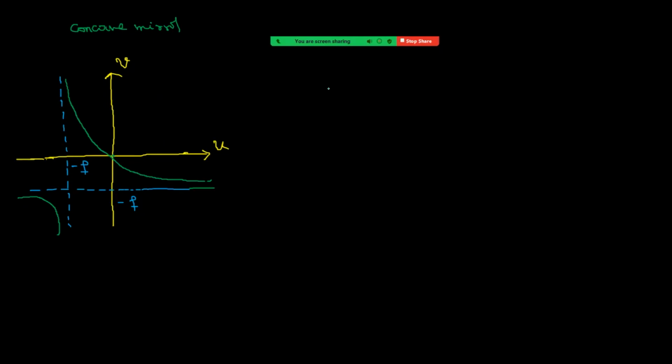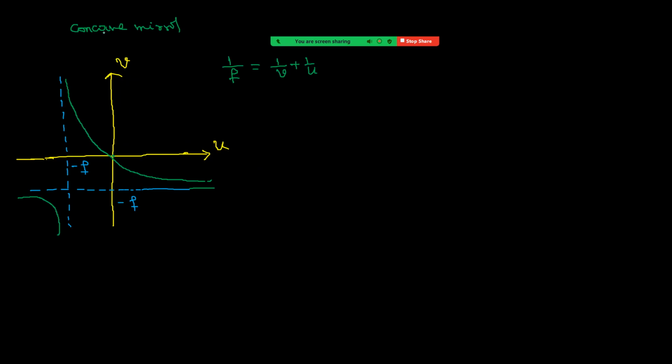Now see carefully. So we have the mirror equation 1 by F equal to 1 by V plus 1 by U, right? You can see in the first quadrant there is no graph. See the meaning of that. First quadrant means U positive, V also positive.